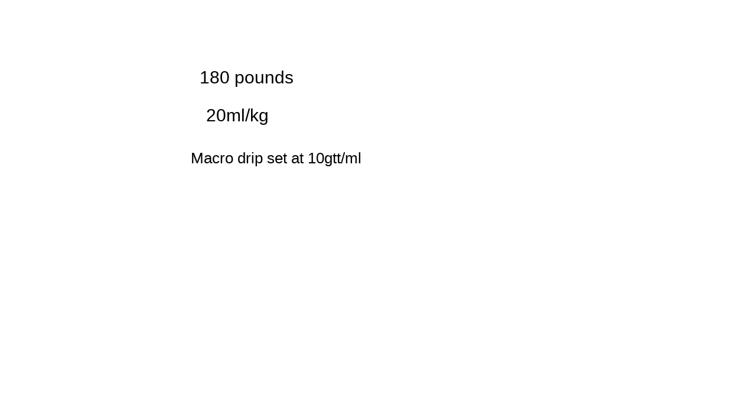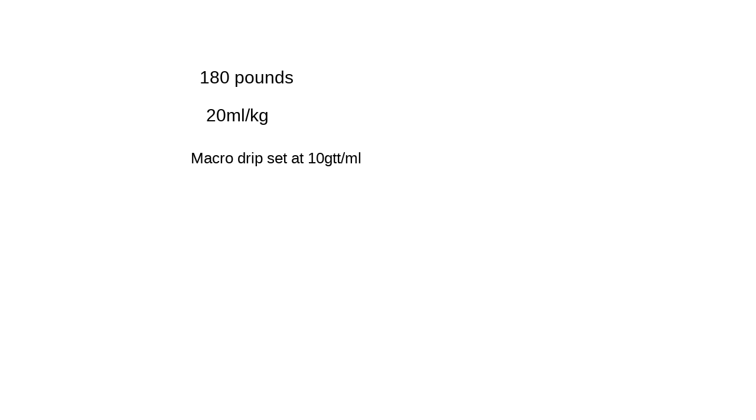So 80 kilograms times 20 mils per kilogram gives you 1,600 mils. 1,000 is to be given as a bolus, and 600 mils is to be given over an hour using your macro drip set.